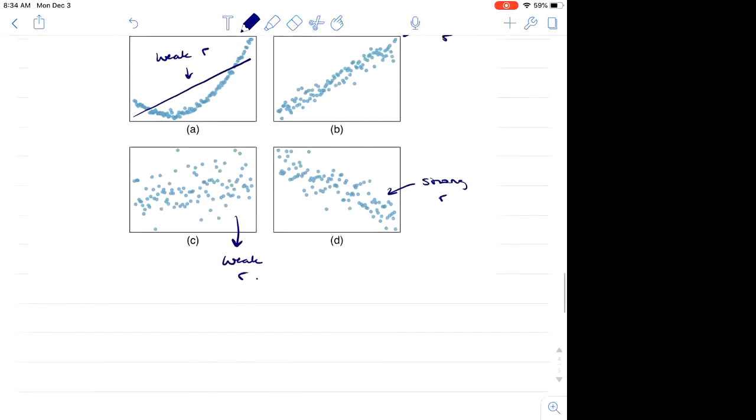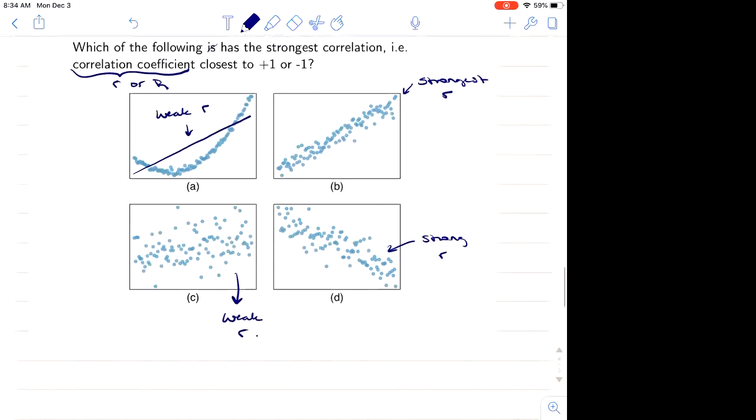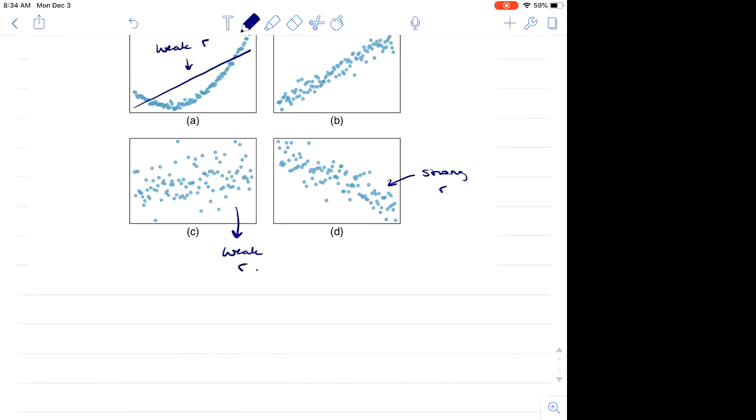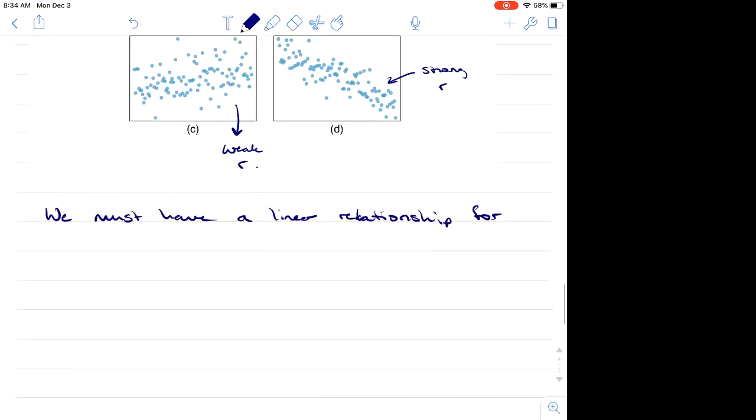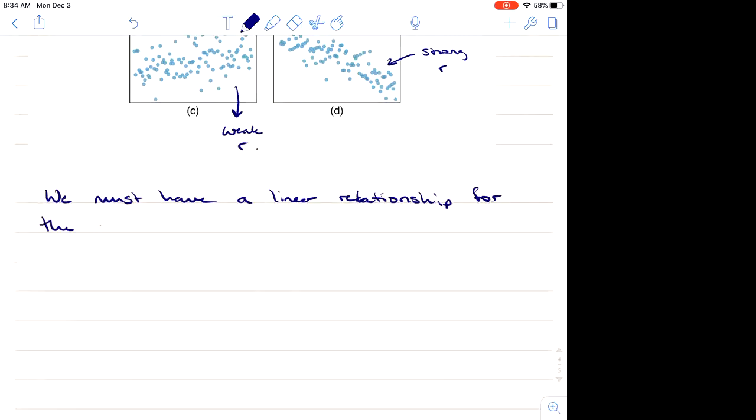So one thing to keep in mind is that we have to have a linear relationship for the correlation to apply. So we must have a linear relationship for the correlation to apply.